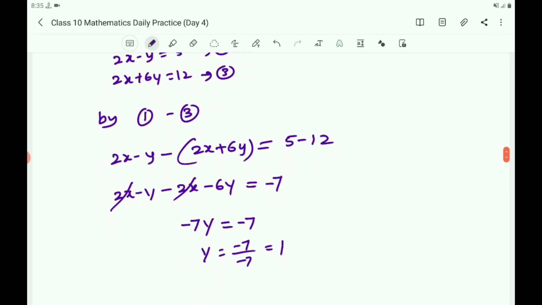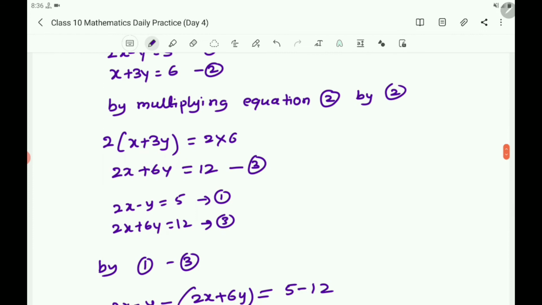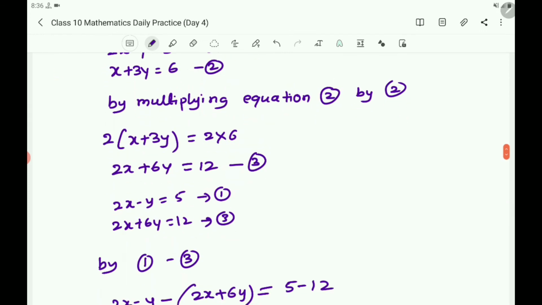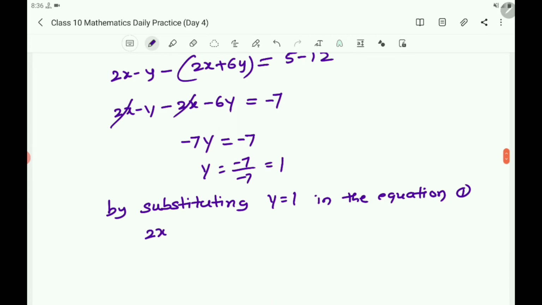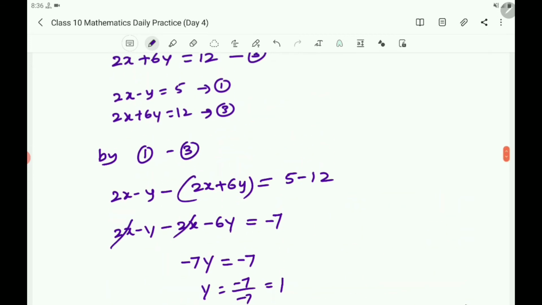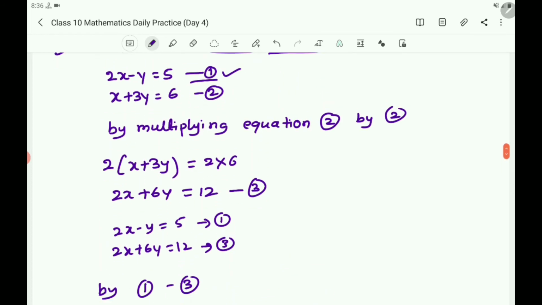You got the value of y, and substitute the value of y in any one of the equations. So you take, by substituting y equals 1 in equation 1, that is 2x minus y equals 5.